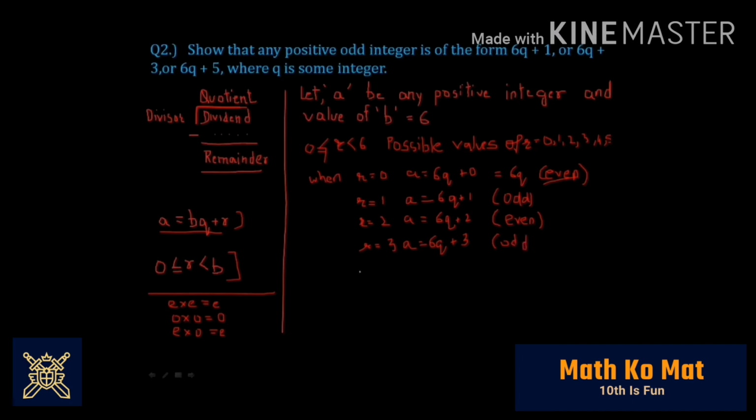Let's check for r is equal to 4. So here a would be equal to 6q plus 4. And as we can see, 6q is even, 4 is also even. So the sum of two even numbers is always even.